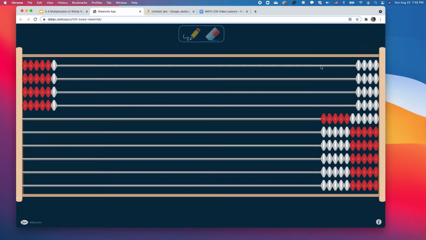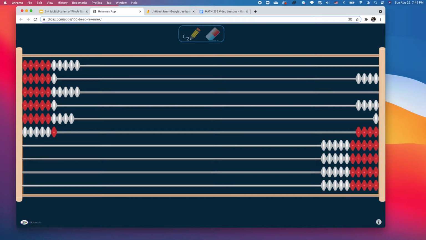Even for bigger numbers like 16 times, let's say, 3. So I'm going to have 10 and 6, 3 times. Another 10 and 6. So we can easily see 1, 2, 3, 4, 5, 6 tens, and 5 fives. But I also have 1, 2, 3.